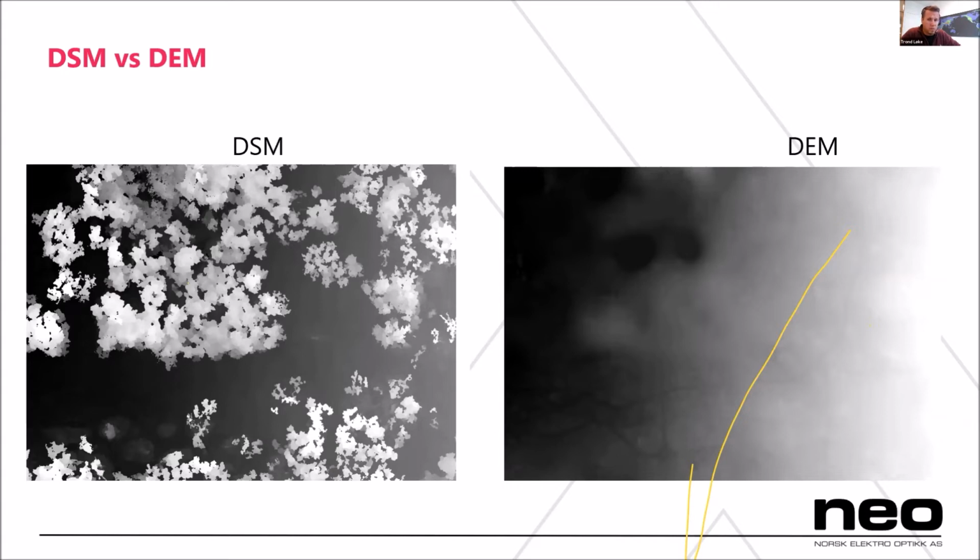For airborne images, flying at 3,000 meters for example, it's probably not a big difference because the height of the trees is low relative to the altitude you're flying. Same for space, of course. But if you're flying a drone at 100 meters and you have a 20-meter high tree, then it's a huge difference, right? And you have to use the surface model.